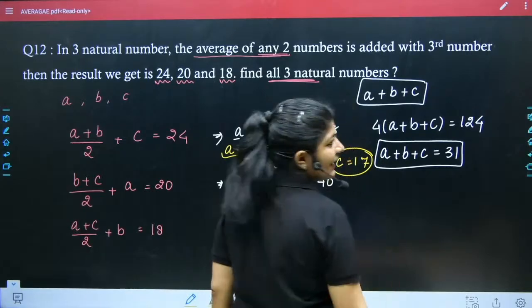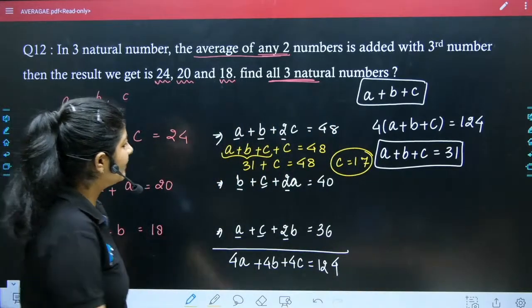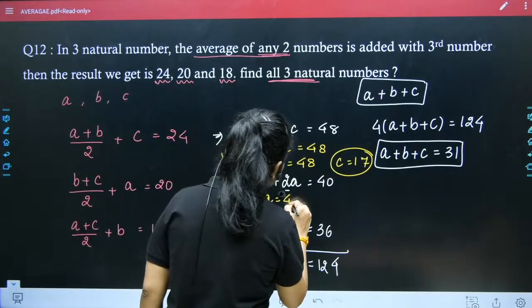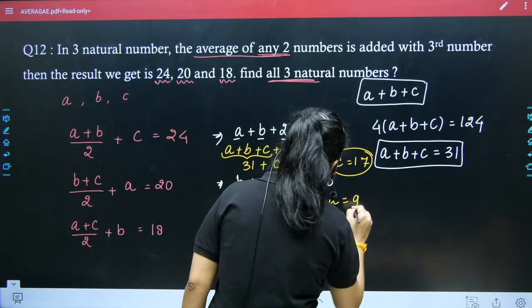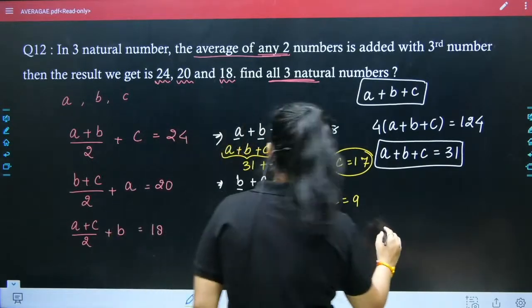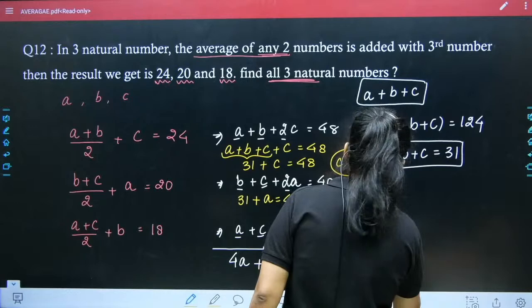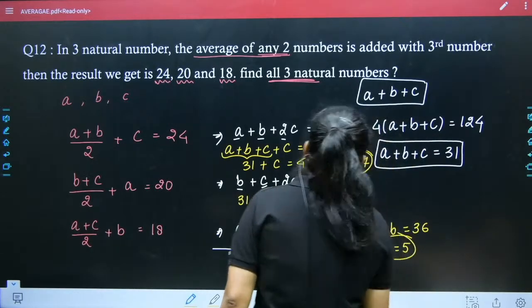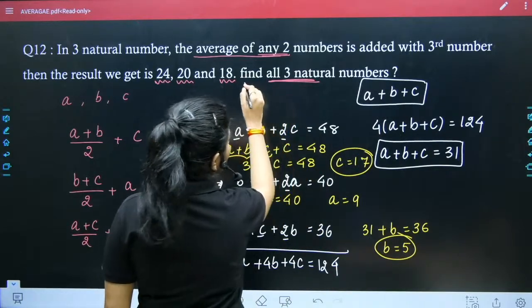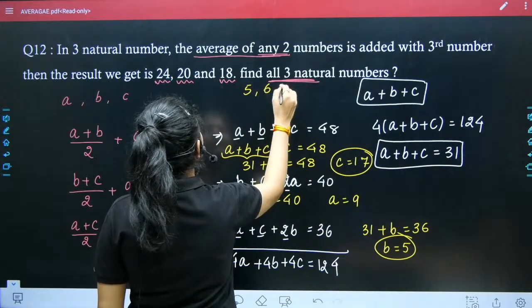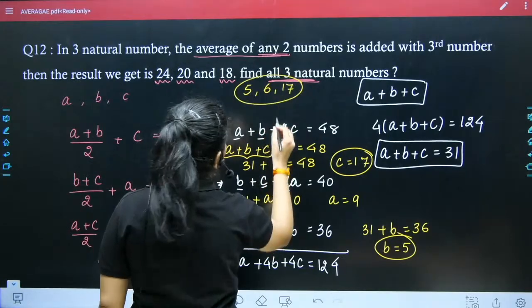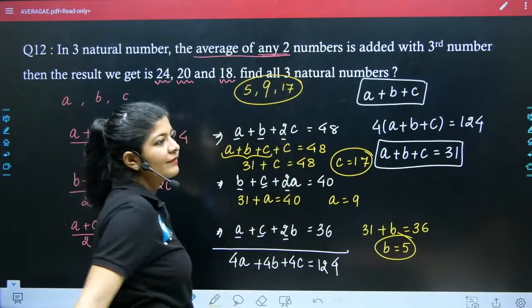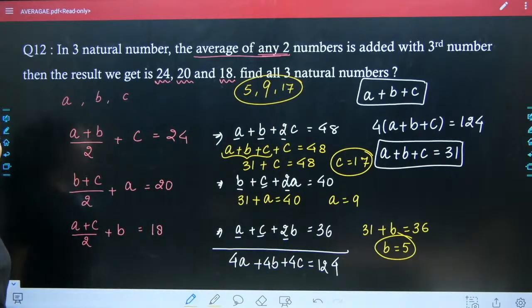Similarly, 31 plus a is equal to 40, so the value of a is 9. And 31 plus b is equal to 36, so the value of b is 5. So we have our three natural numbers as 5, 9 and 17. Is it clear?